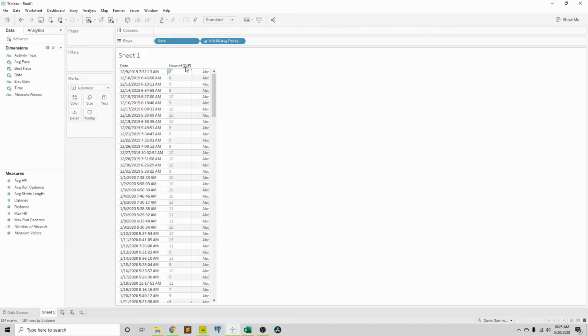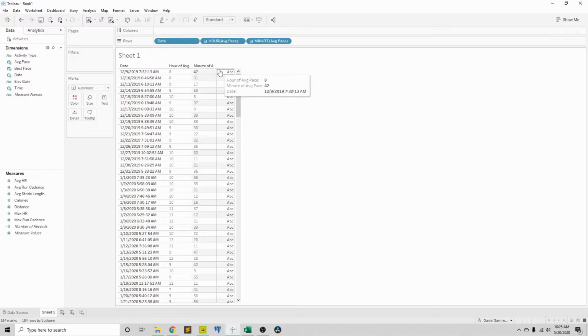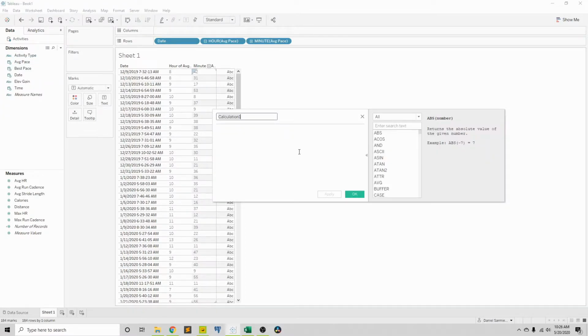Okay, so if we remember, our pace was recorded erroneously as hours and minutes instead of minutes and seconds. And this is how you do the calculation. I'm going to create a calculated field, and the first part I need is the average pace conversion in seconds. I want everything to be in the same lowest common denominator, which is seconds.